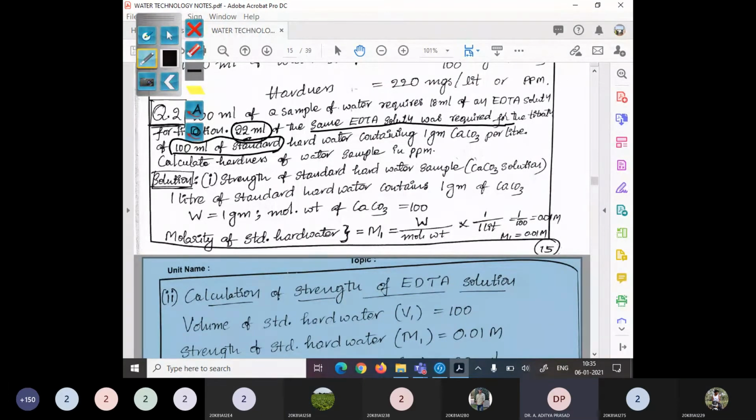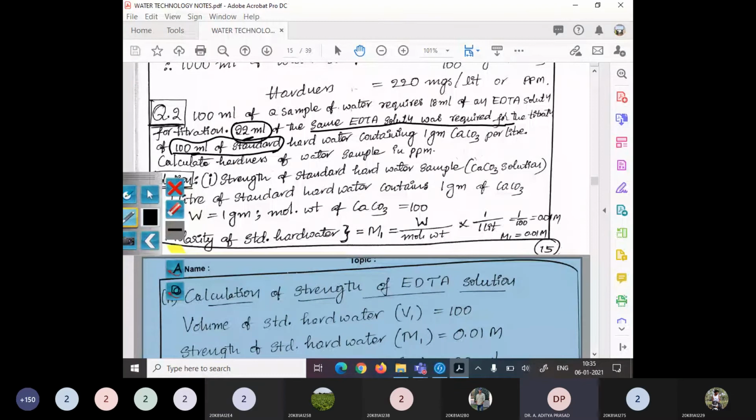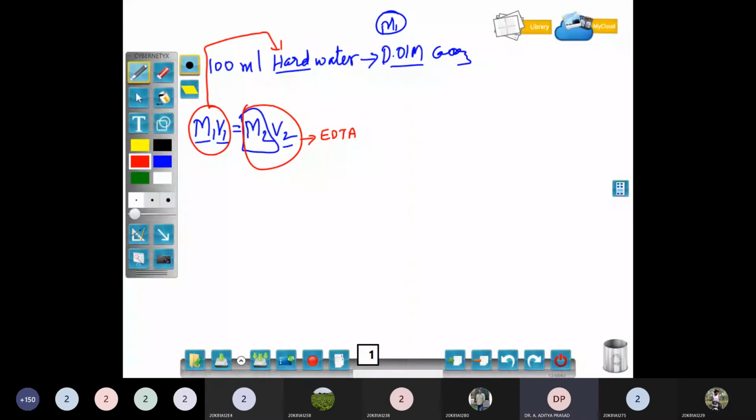This 22 ml is linked with this 100 ml of standard hard water, right? Yes, sir. So the EDTA volume is 22 ml of EDTA solution.